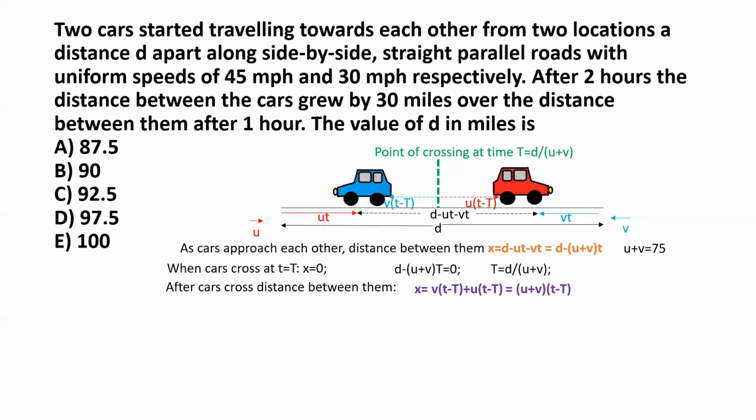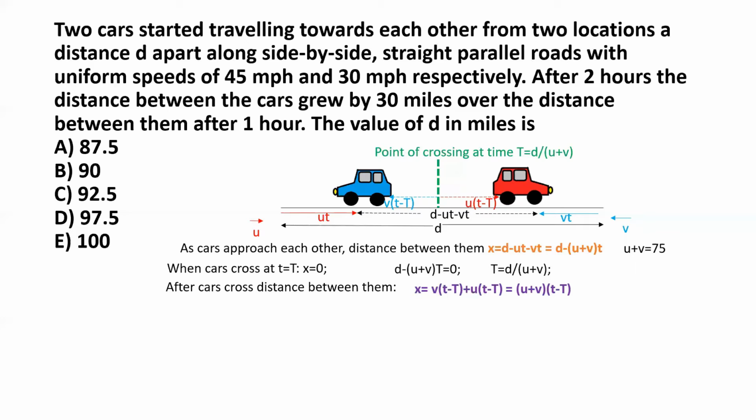So after the time point of crossing, in unit time, the distance between the cars will grow at the rate of u plus v, and u plus v is 75. This is pretty evident from the equation itself.